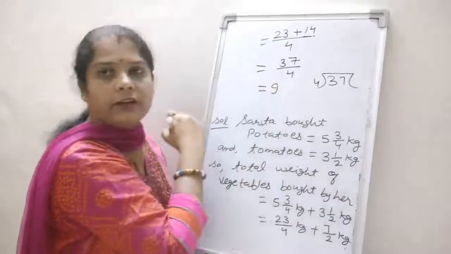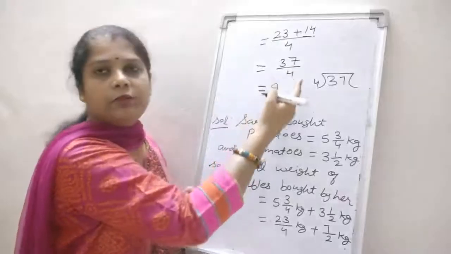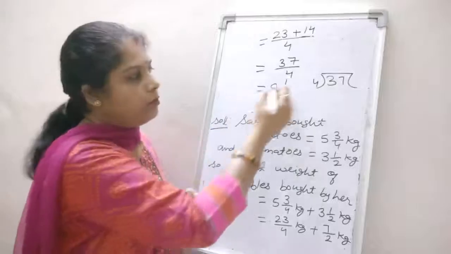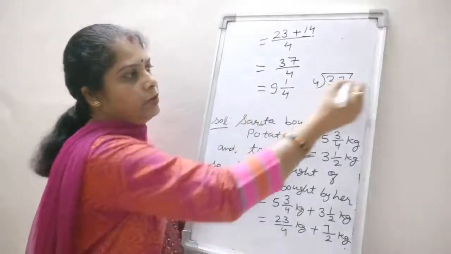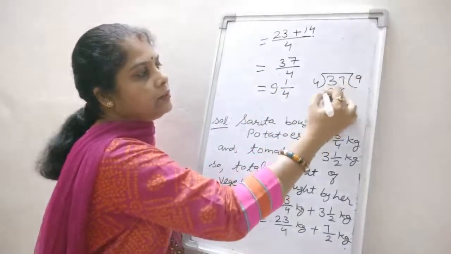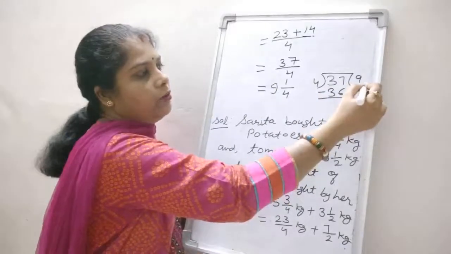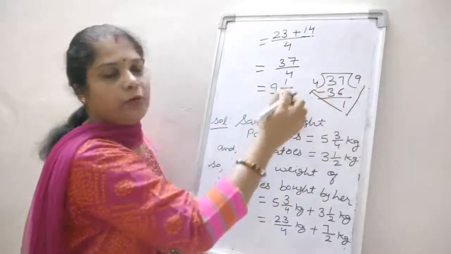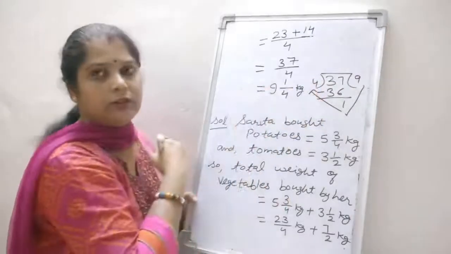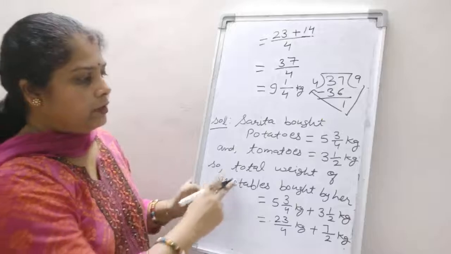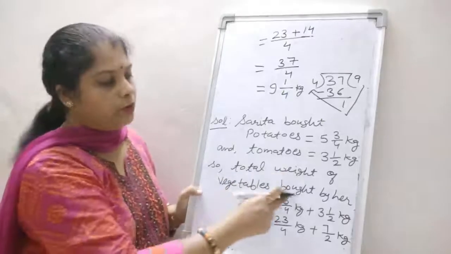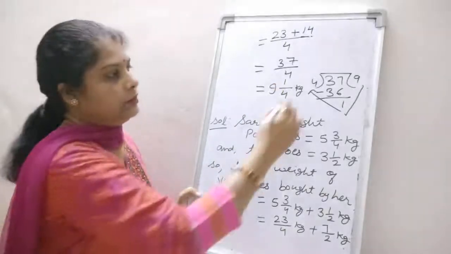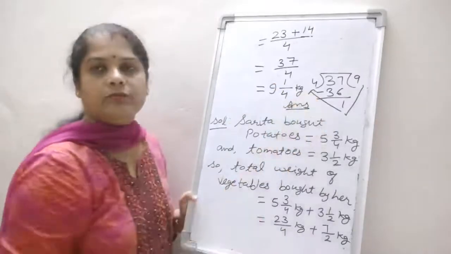So 9 we will write here, and 37 minus 36, one remainder, that we will write at the place of numerator, and 4. So the answer will be: the total weight of vegetables bought by her is 9 1/4 kg. This is our answer.